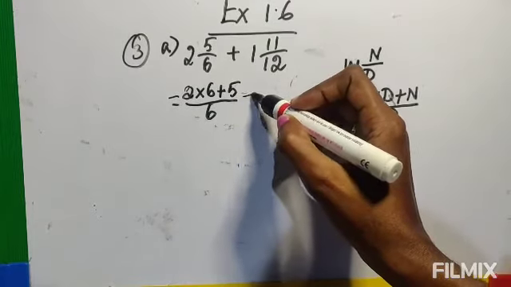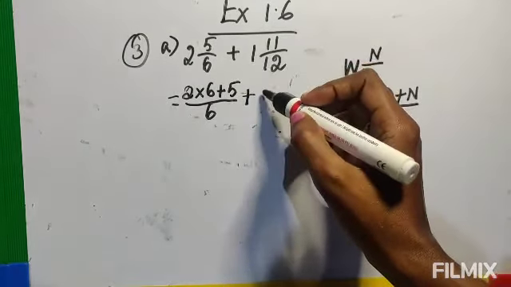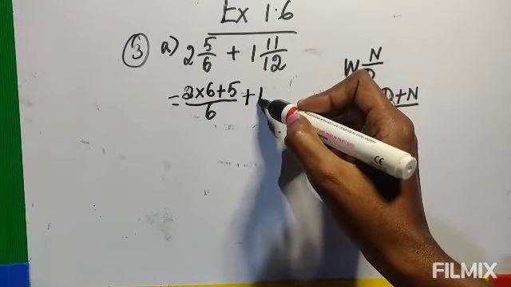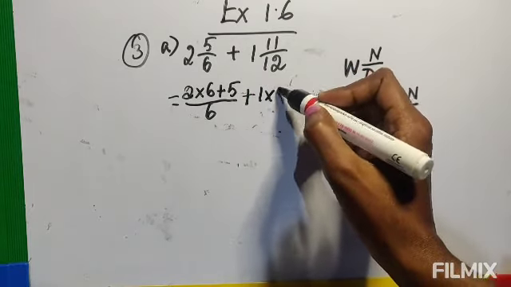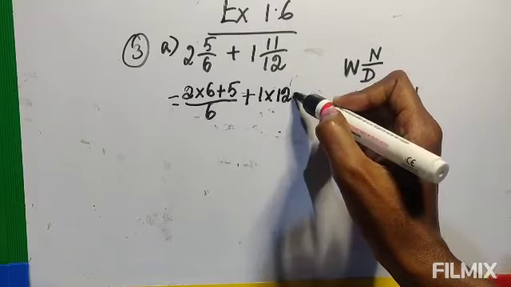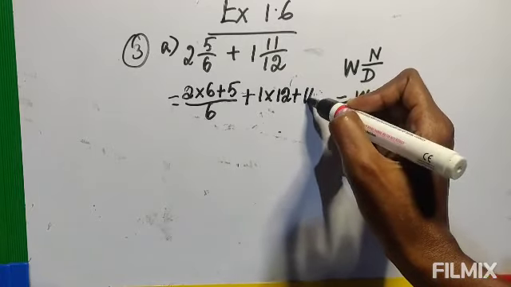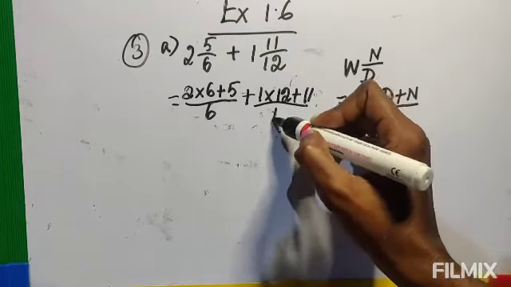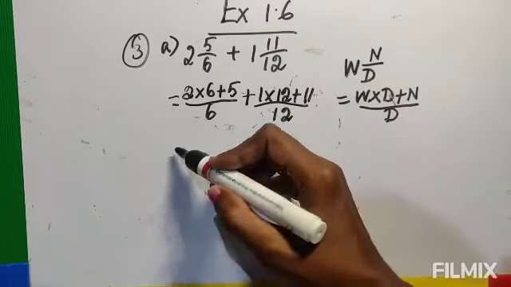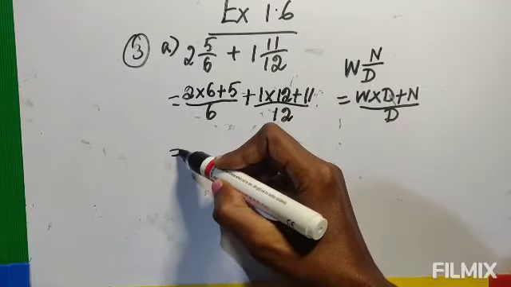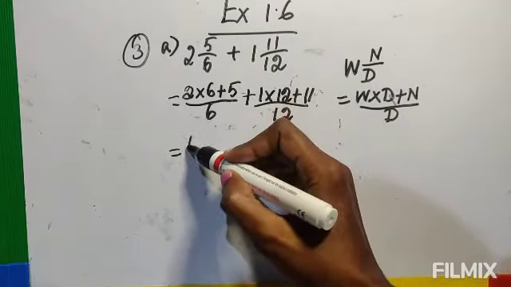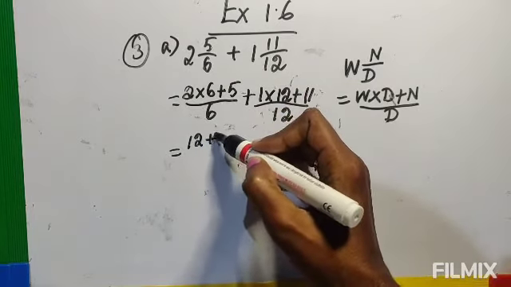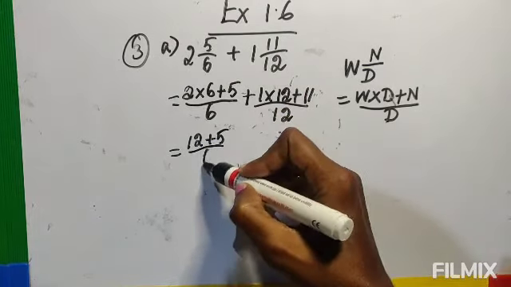Now the next one, let's convert this one: whole number multiplied by denominator plus numerator by denominator. Now let's do the calculation. 2 sixes are 12, so 12 plus 5 by 6.